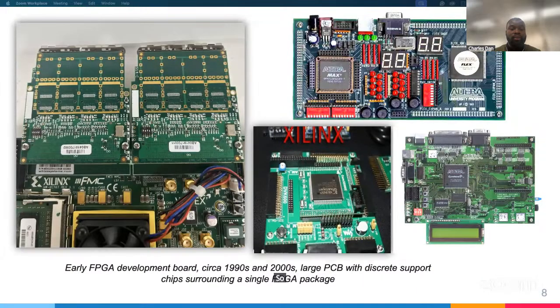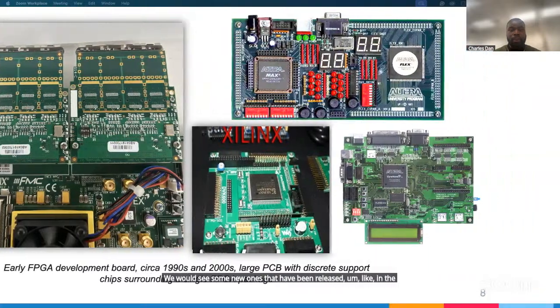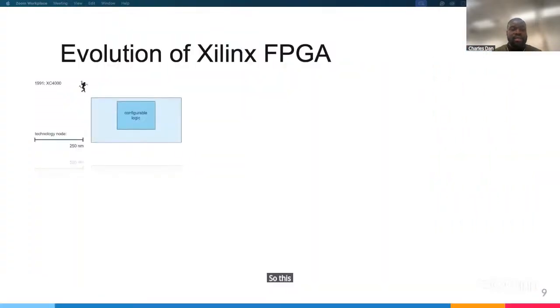Going back, this is how FPGAs looked from the 1990s to the 2000s, and they have evolved over the years, and we will see some new ones that have been released in the market. At first we just had the PL, which we'll talk about, the pure logic.